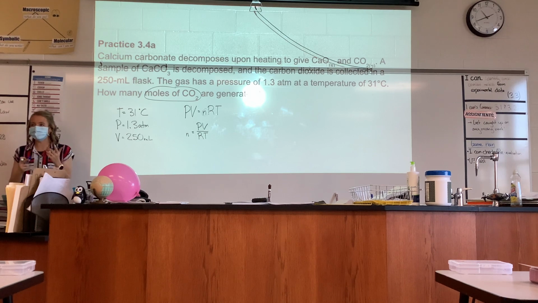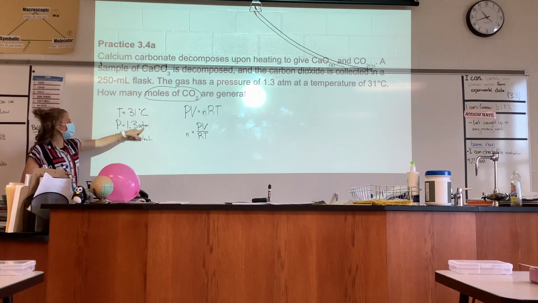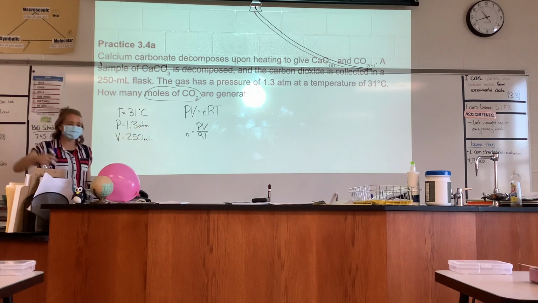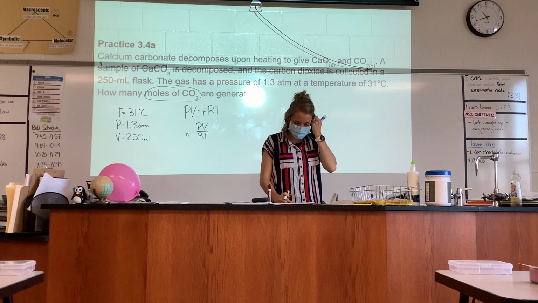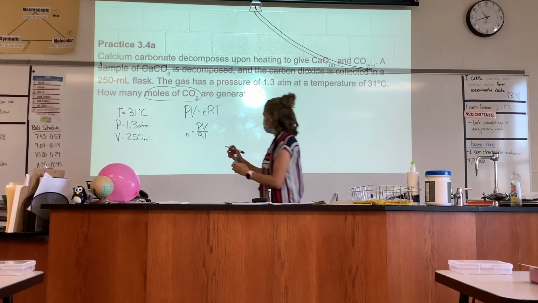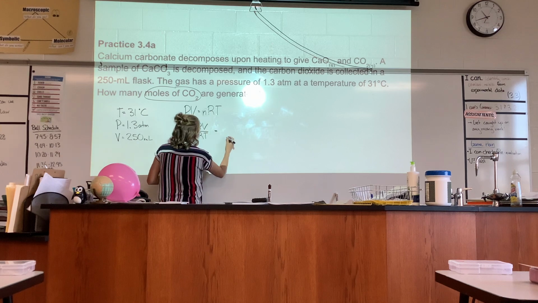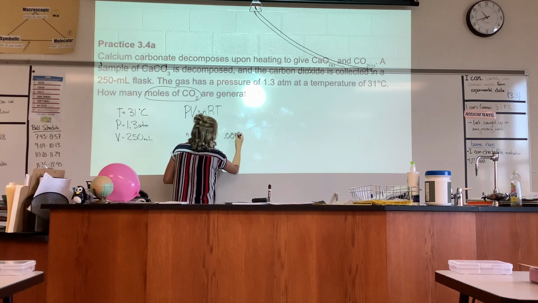Now we can plug things in. The trickiest part with using PV=nRT is making sure the units match the R value. The R value is mostly dependent upon the pressure. My pressure is in atm, so look at your list of R's, and we want to pick the R that is measured in atm, which on your yellow paper is the very first one listed. So it's 0.08206.